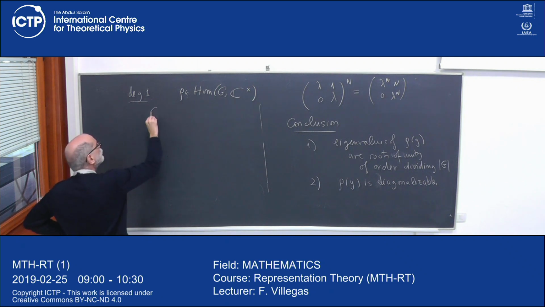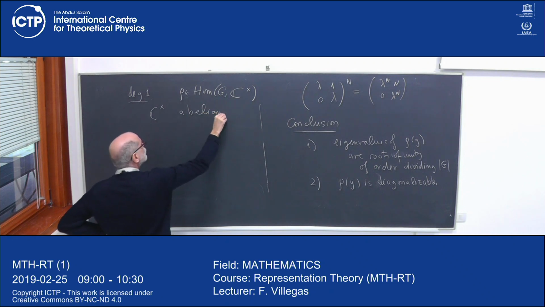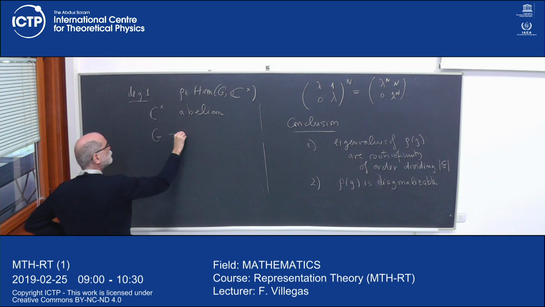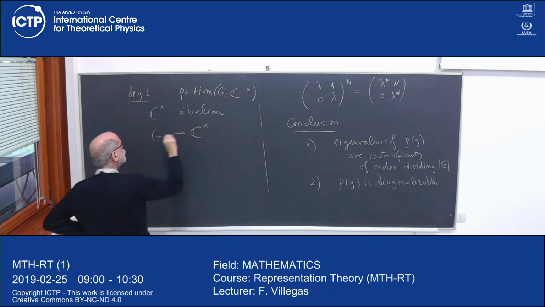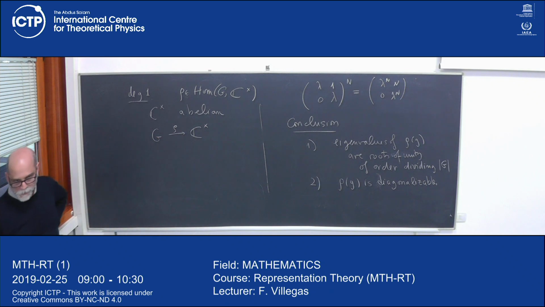C star is abelian. And if I have a homomorphism from G to an abelian group, what can I say about it? How can you describe the maps from G to an abelian group?